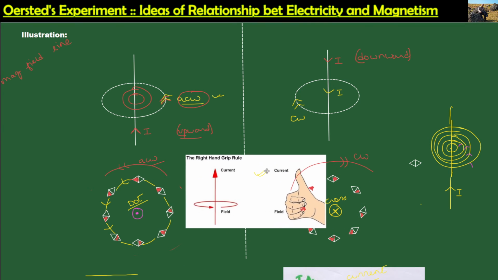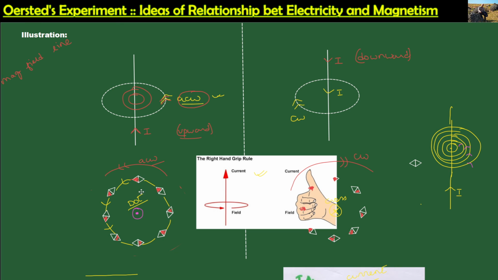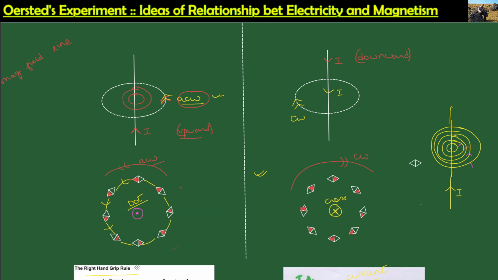Again, if I apply the same rule when the current is perpendicular and outwards, the thumb points outwards, and the curl of the fingers will be in the anti-clockwise direction. Using the right hand grip rule, or the right hand thumb rule, we can find the direction of your magnetic field lines.